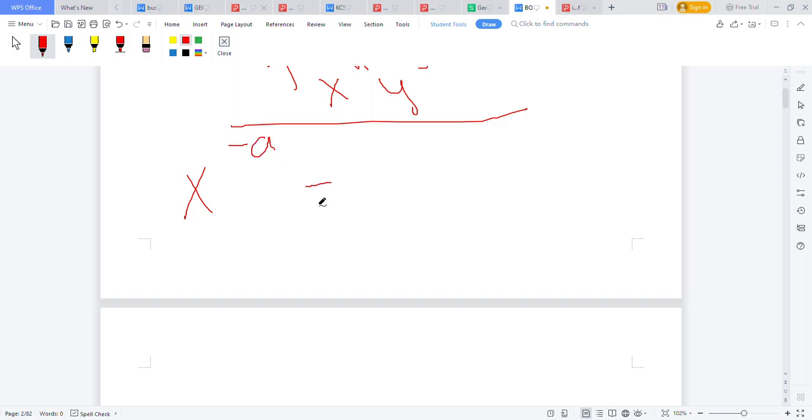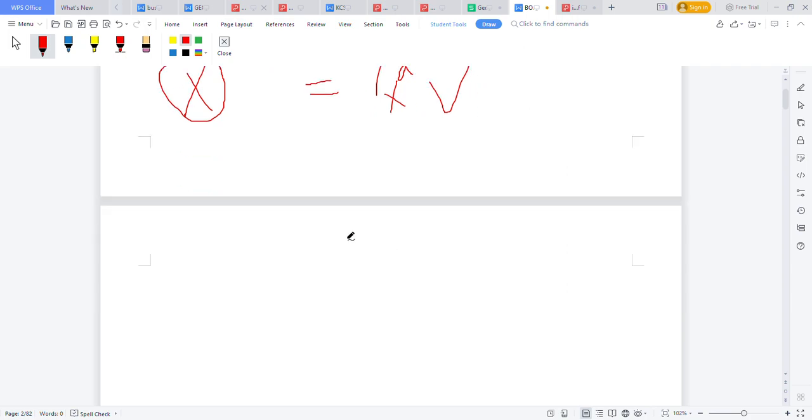This is the same as 1 over x raised to a. So you simply remove this negative by getting the reciprocal of this, then you get this. So remember that, very important. Any number raised to a negative, for us to remove that negative, we simply get the reciprocal of that particular number, then you get that.